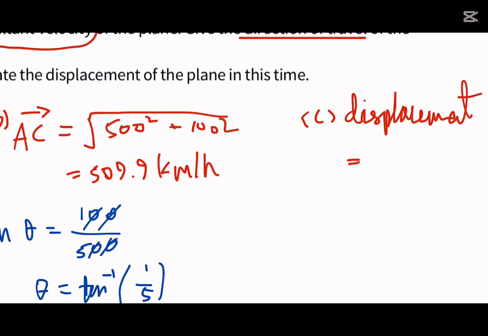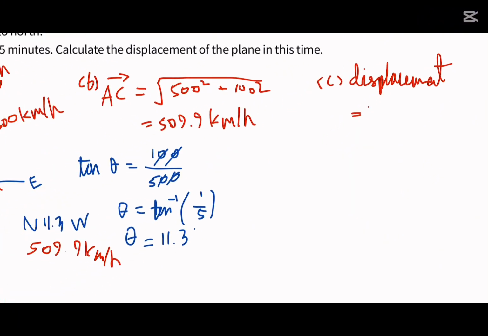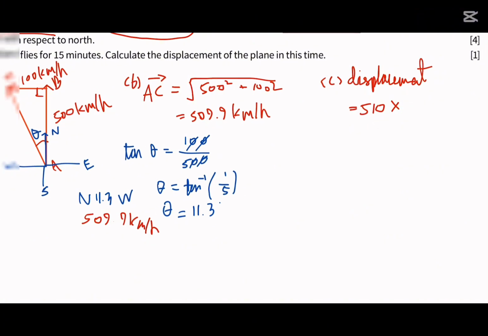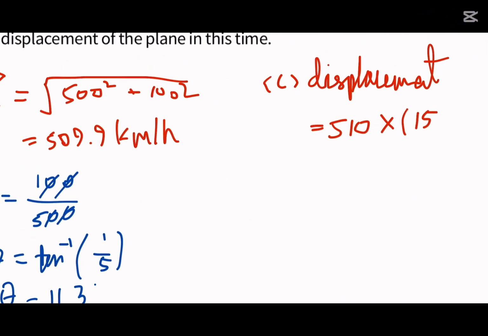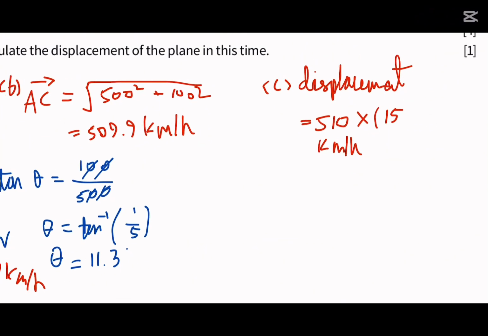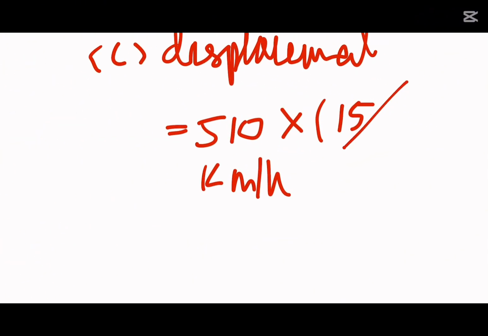Displacement will be equal to speed, which is 509. Let's round it up to 510. Multiply by the time, which is 15 minutes. Oh wait, 510 is kilometers per hour, so we need to turn the time into hours by dividing by 60.